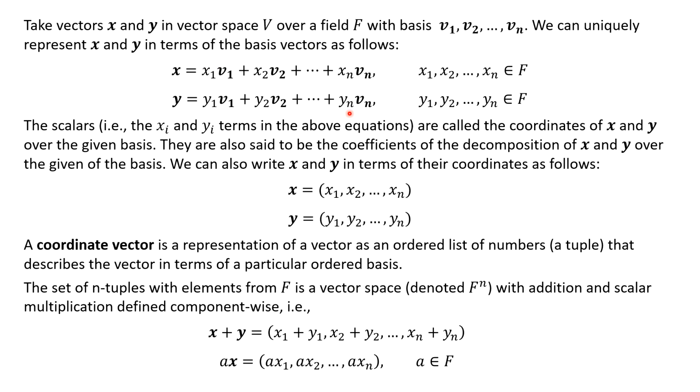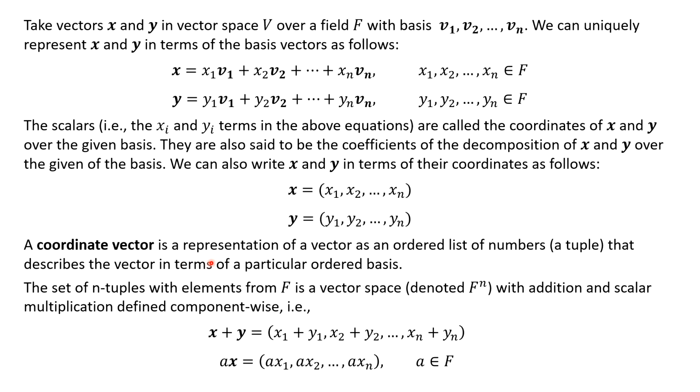Another way of writing this is the shorthand shown here, where you just write them as tuples, and it's understood that these are from the given basis. If we gave a name to this basis, say we called it capital B, then we might put a subscript capital B under the x, as well as the tuple, and the same for y, just to emphasize that it's with respect to the basis B. I didn't do it here, but you'll see that in some cases.